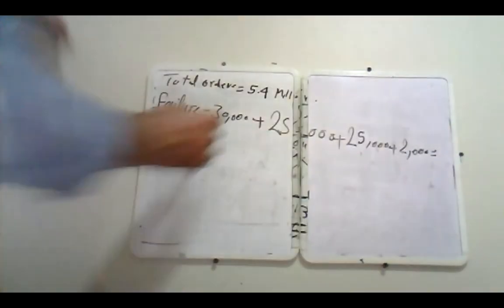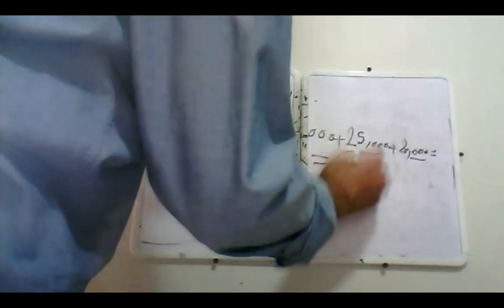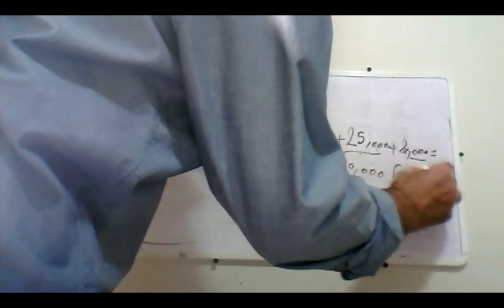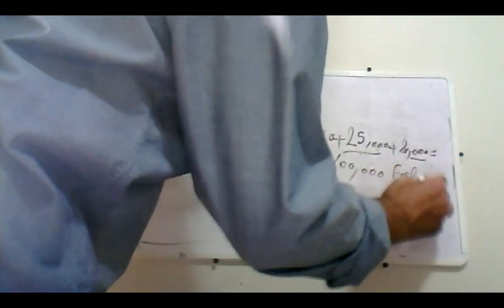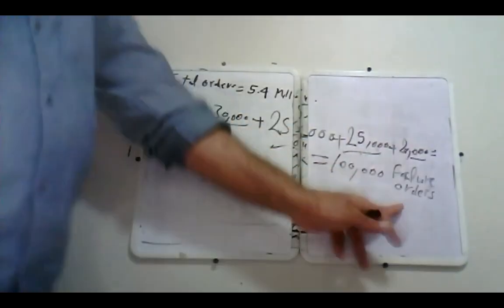So when you calculate this, 30,000 and 50, this is 80 and 20, this is 100,000 failure orders.